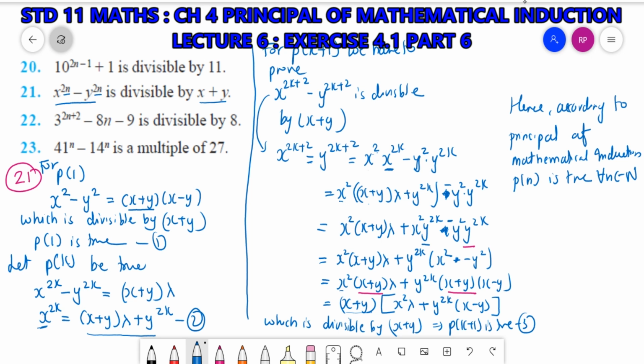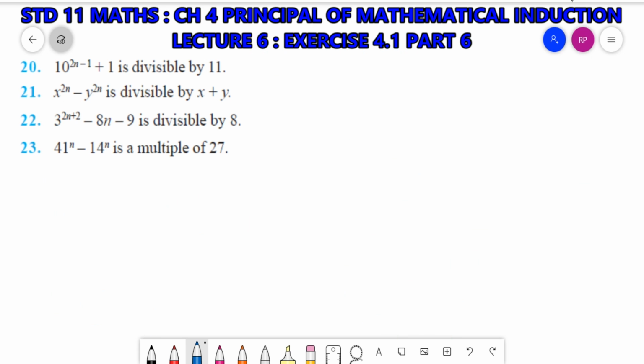Now let's move to the next, that is question number 22. Question 22. You have to prove that 3 raised to 2n plus 2 minus 8n minus 9 is divisible by 8. Okay, so let's take for p of 1: 3 raised to 2 into 1, that is 2, 2 plus 2, 4, minus 8 into 1, minus 9.